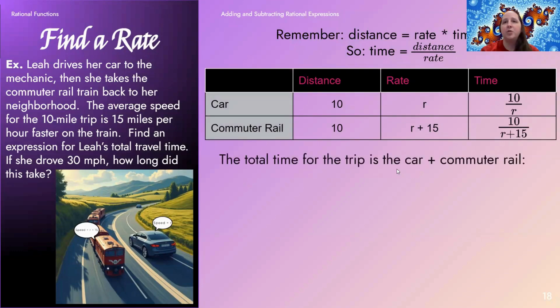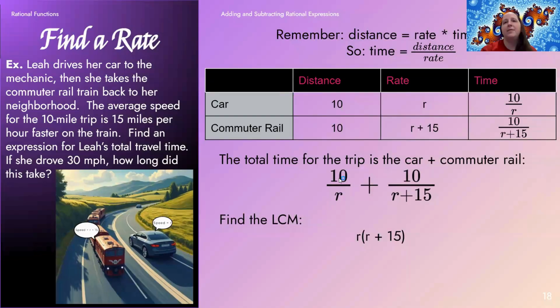The total time for the trip is the car plus the commuter rail. So I'm going to add the time it takes for my car plus the time it takes for my commuter rail. They don't have like denominators, so I need to find a common denominator. My LCM is R times R plus 15, and I multiply that by my first and my second fraction.